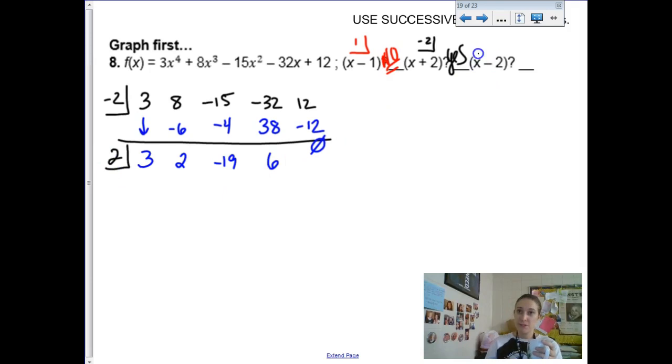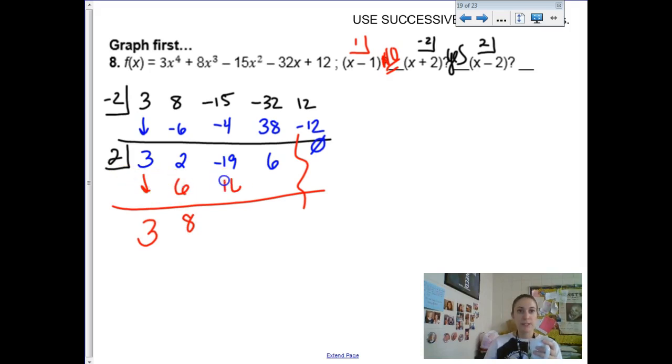So I'm going to do a positive 2 this time on my resulting quotient because it's still in the family of this polynomial. So going through synthetic division on this new one, but you're not going to do the remainder part. Multiply, add, multiply, add, and multiply. Oh, look at that. So yes on that one as well.